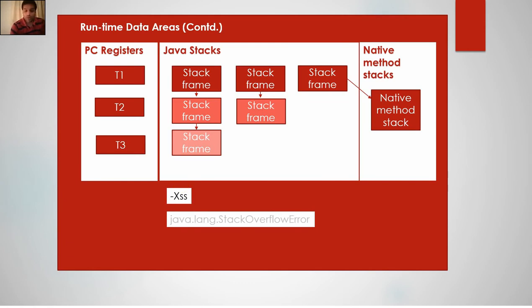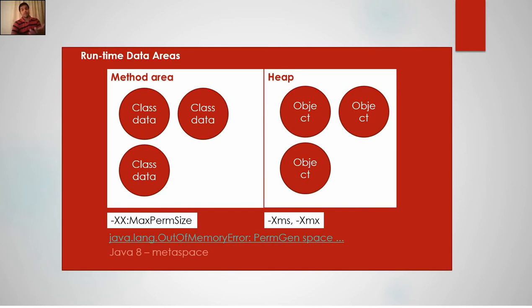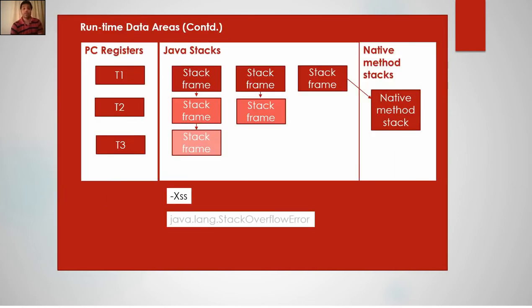So we talked about the 5 different runtime data areas: method area for class data, heap for object data, PC registers per thread for the program counter, and Java stacks per thread for keeping the currently executing method's stack frame. As I said, these 3 are per thread.